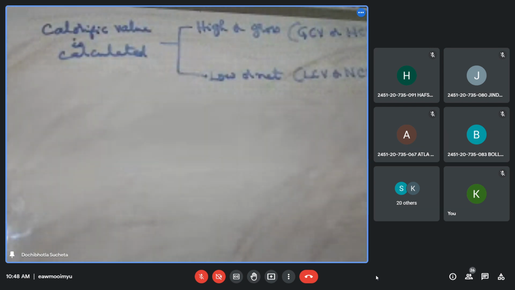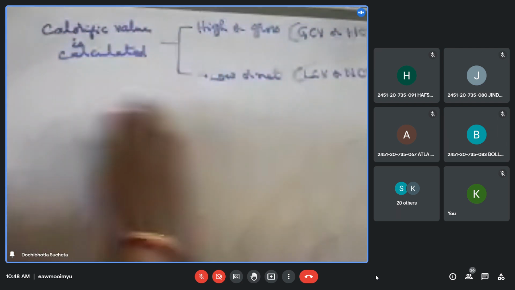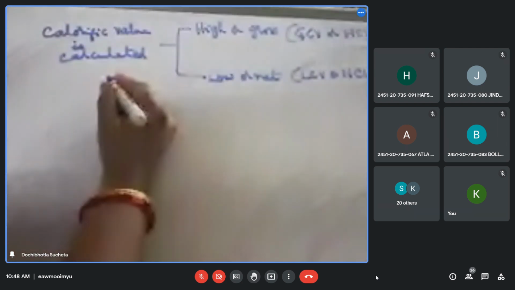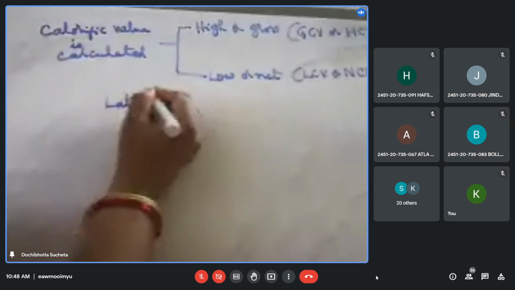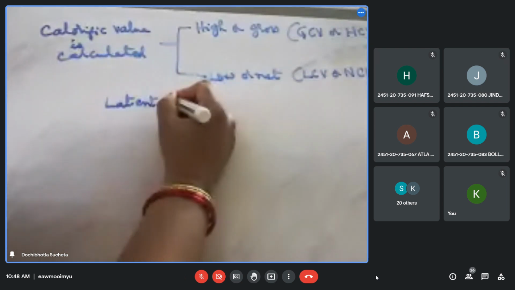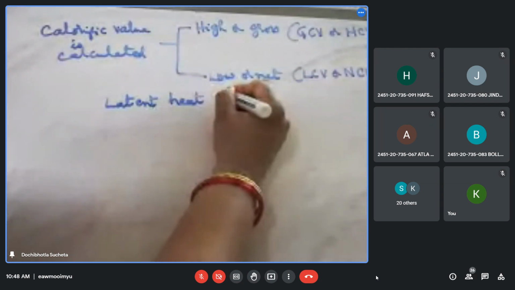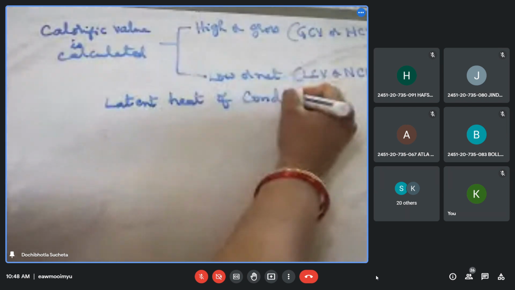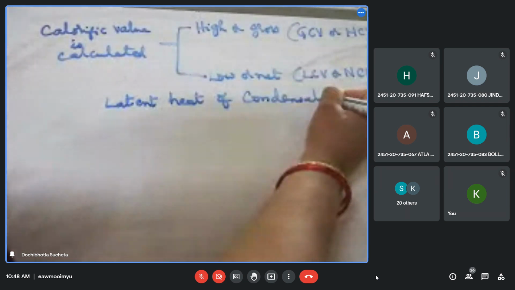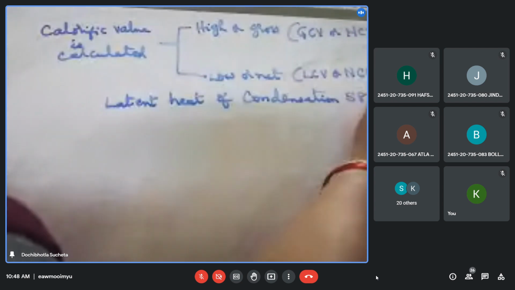Hence, it is only the heat energy obtained during the combustion that is calculated as low or net calorific value. And I told you that the latent heat of condensation of steam is how much? 587 kilocals per kg.